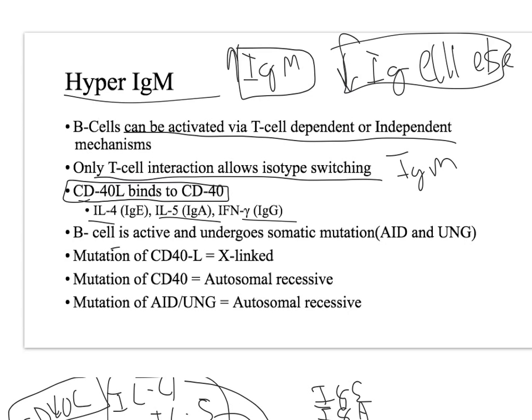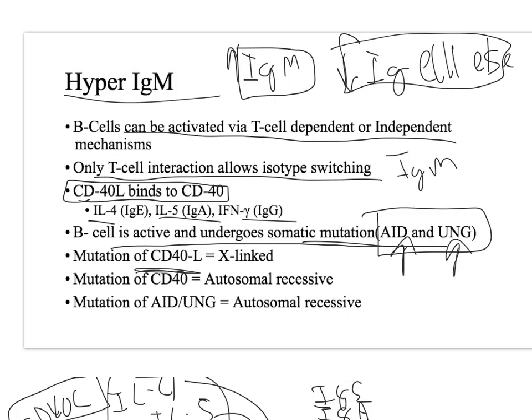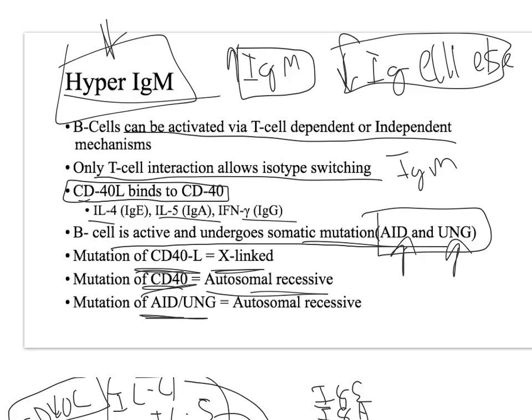Then the B cell is active and undergoes somatic mutation. Somatic mutation is done with AID and UNG. So a mutation of CD40 ligand, that's X-linked hyper-IgM. CD40, autosomal recessive hyper-IgM. And then the AID or UNG mutation is autosomal recessive.